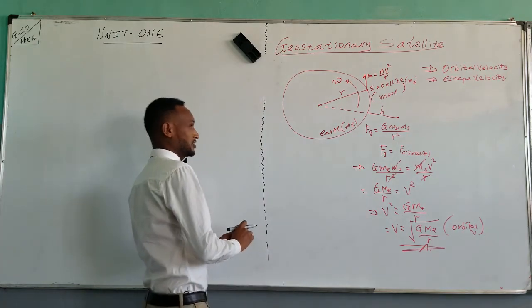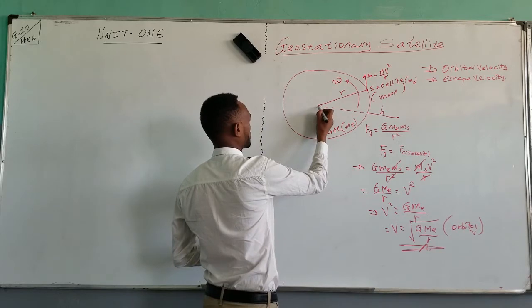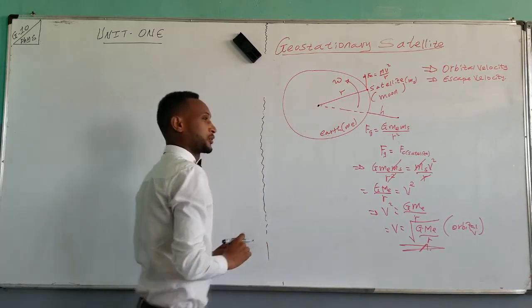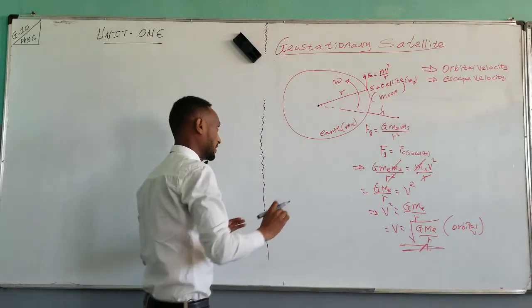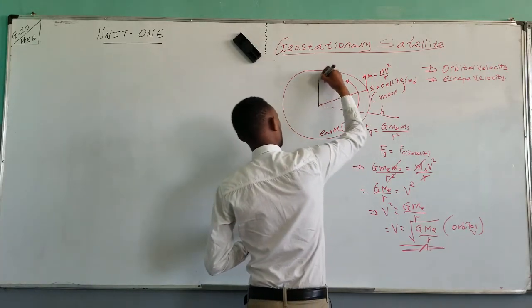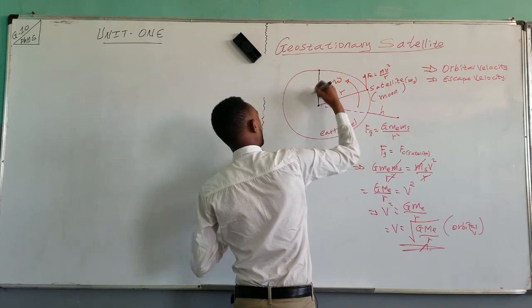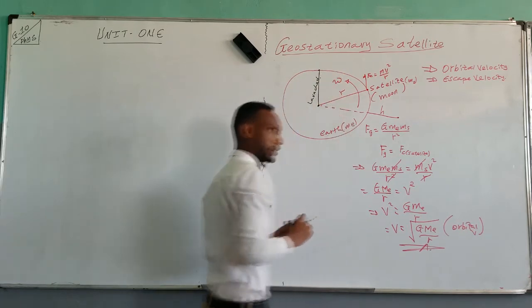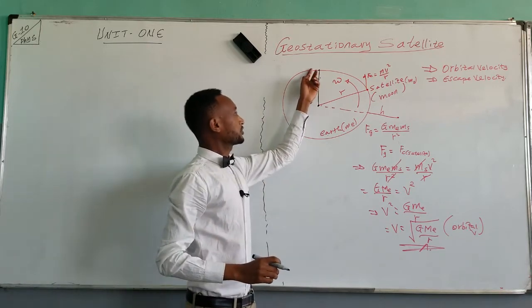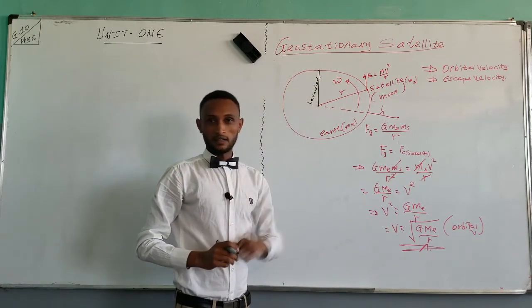Okay, the next one is the escape velocity of the satellite. Take it that if the satellite is launched out from the Earth's planet, it will be able to climb out of the potential of the Earth at infinity.